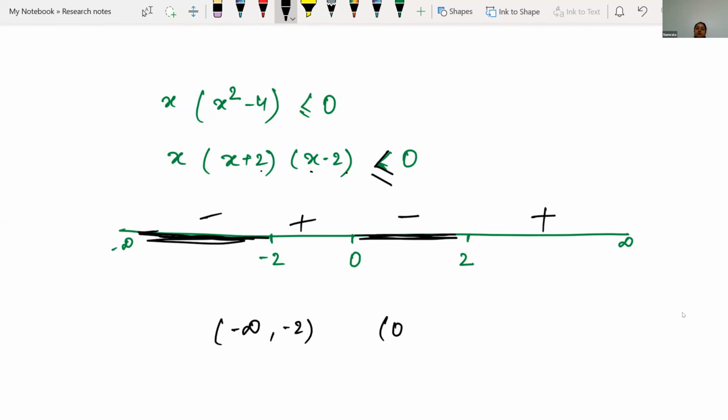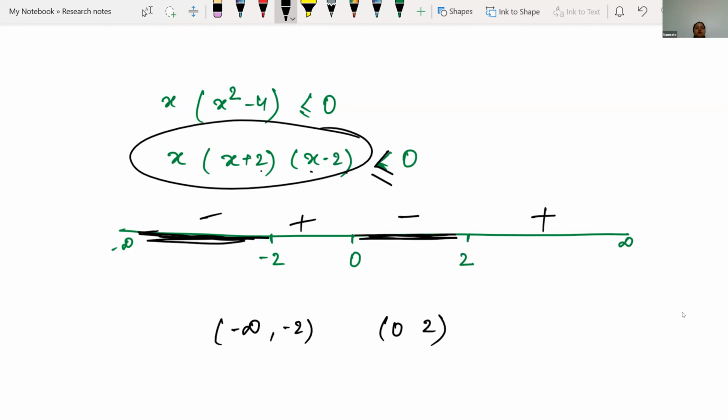No test point and all, this is a short trick. If this type of factorization is there, then directly we can take plus minus from the extreme right. Okay, and this is the interval.